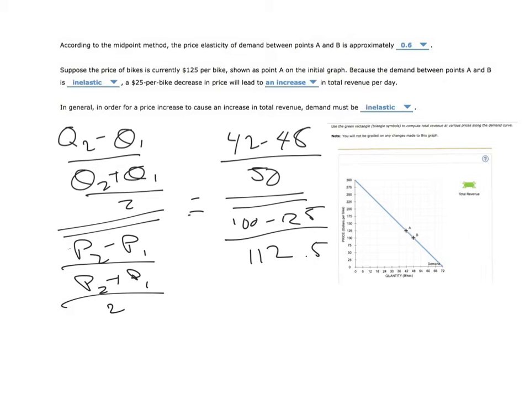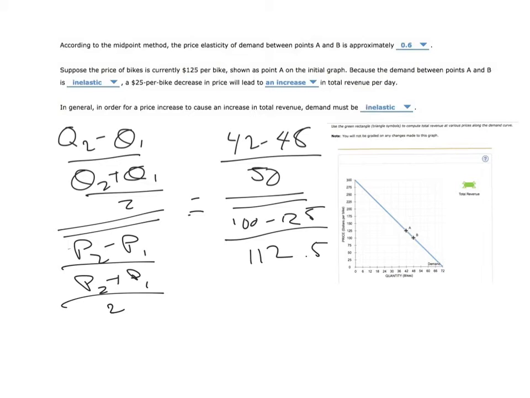That's 42 minus 48. I read that off the graph down here. Divided by, that's 42 plus 48 divided by 2. And that actually can't be right, can it? 90. No, that's not right. This should be 45. So call that 45 instead of 50.